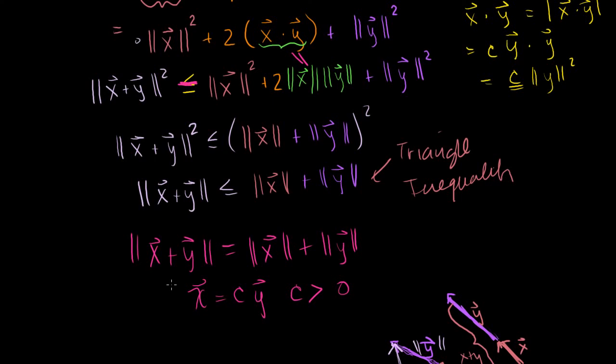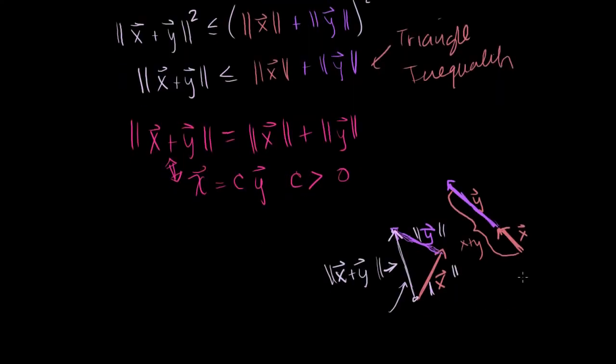These two imply each other. And we saw that geometrically. I lost my axes here, but we see that the only time that the length of x plus y is equal to the length of x plus the length of y is when they're collinear. Right? Over here, this plus this is clearly, you can just visually look at it, longer than this right there.